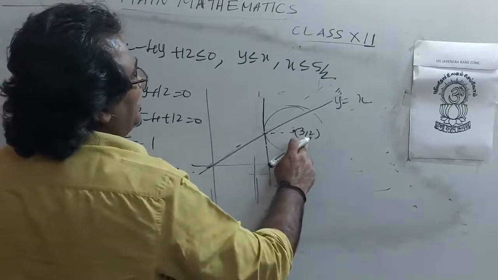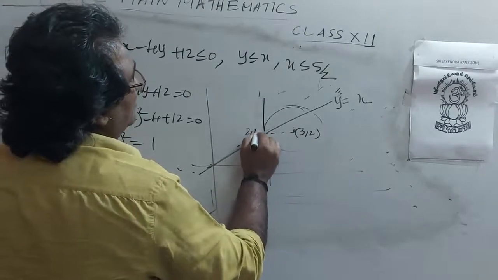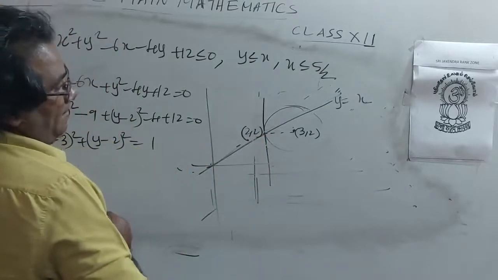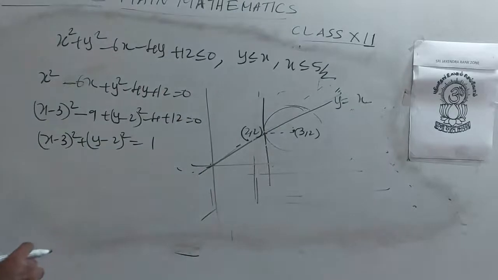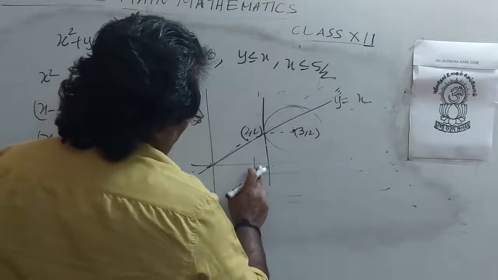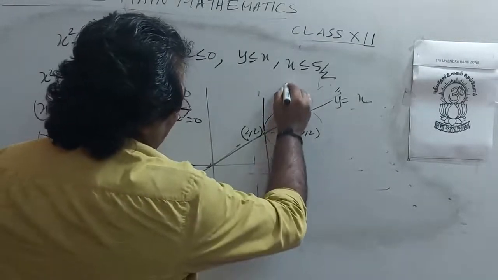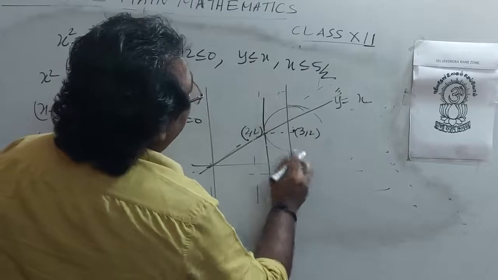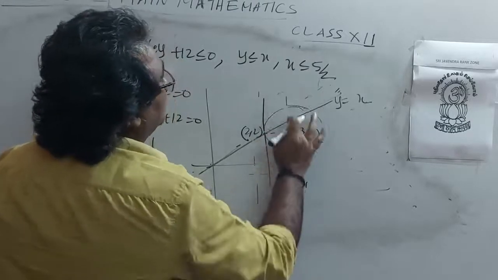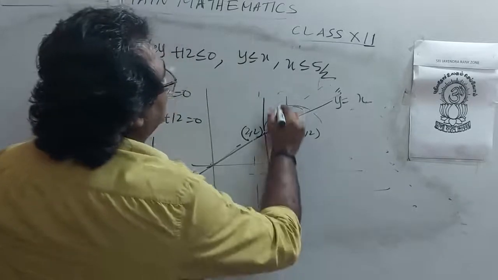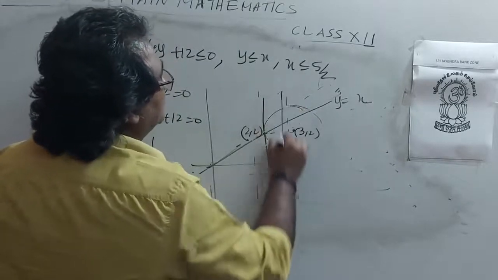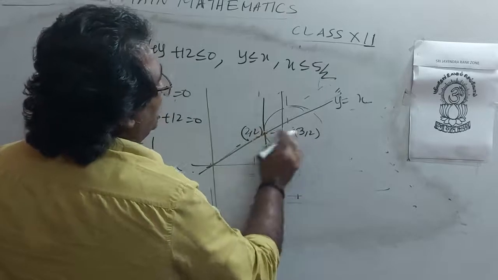At y value 2, the x value also should be 2 at this point, and 5 by 2 is 2.5, with x 2 units here and 3 units here.